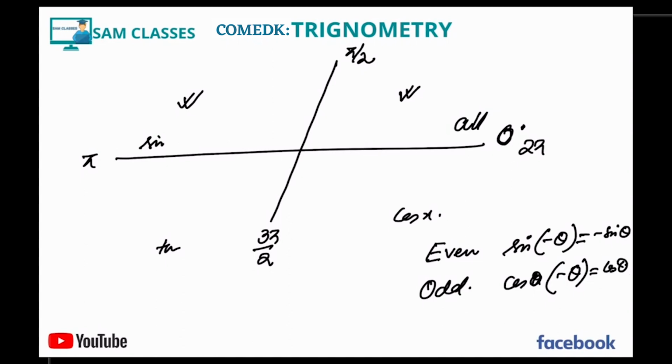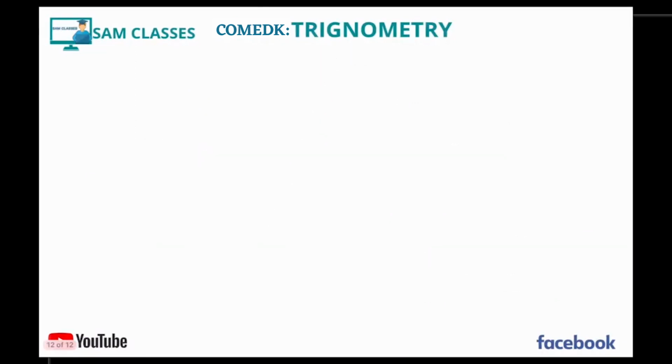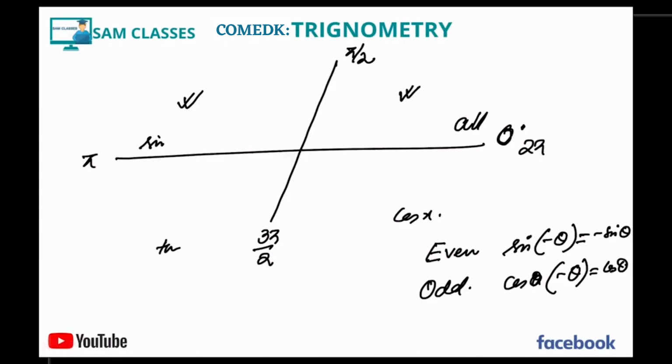So one can absorb the sign, the other can't absorb the sign. So one is an even function, the other is an odd function. This one which can absorb is even, this is odd. Pretty simple. So we know this much.